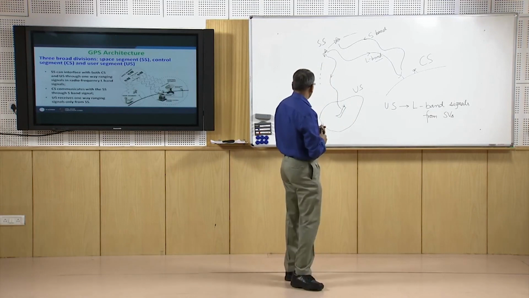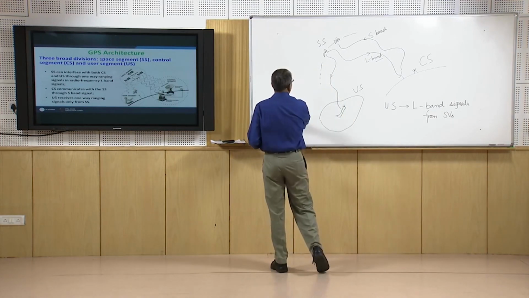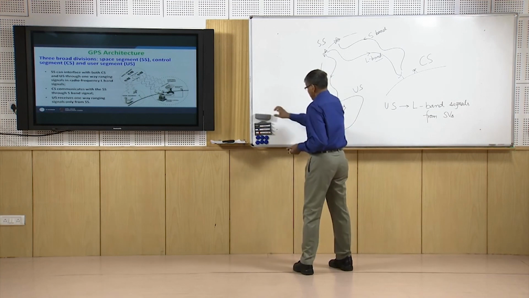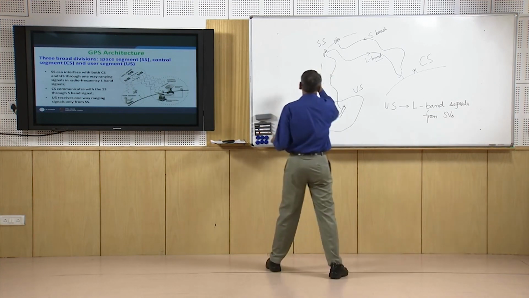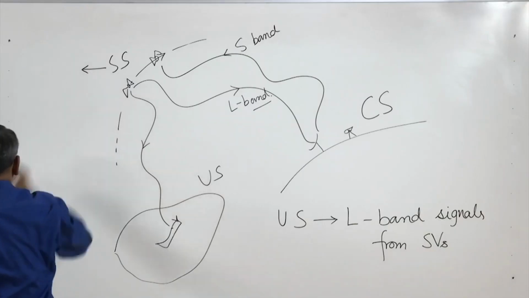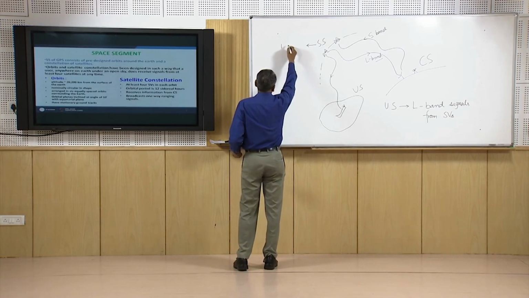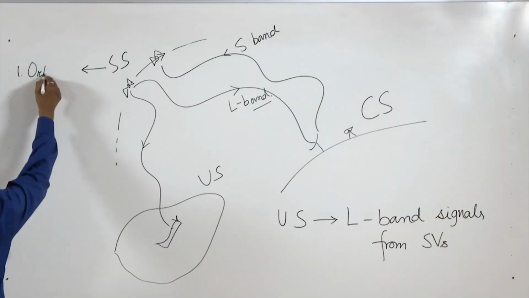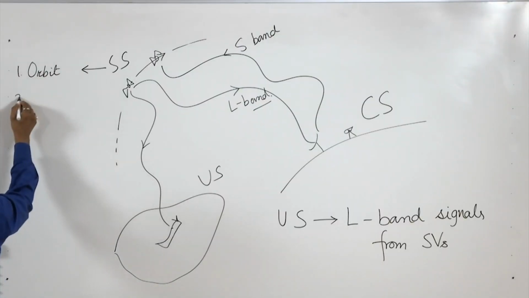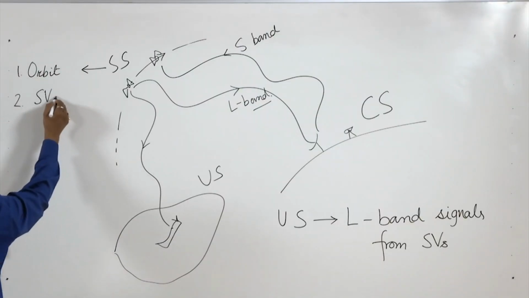Now, let me discuss in length the space segment. The space segment consists of two parts: the first is the orbit part and the second is the satellite vehicles.